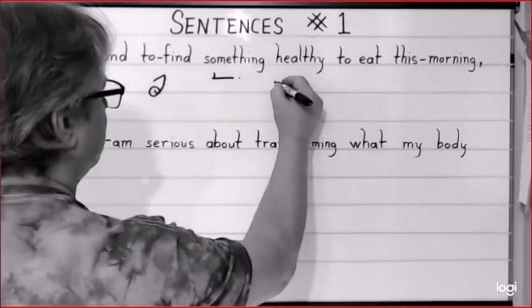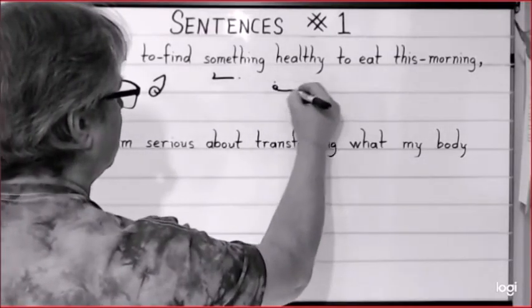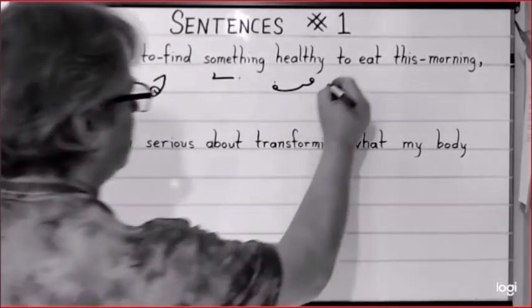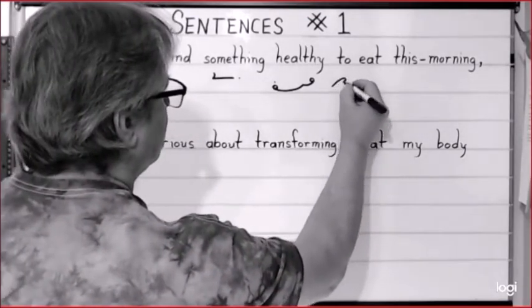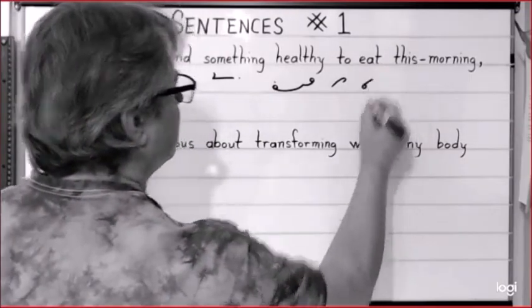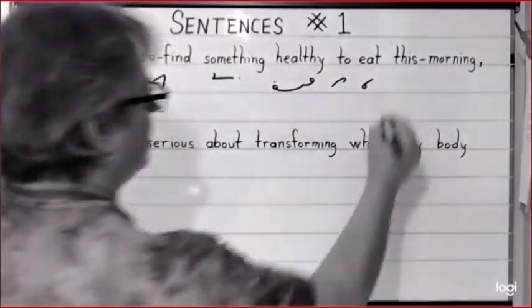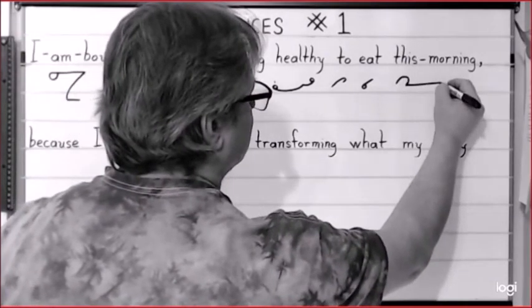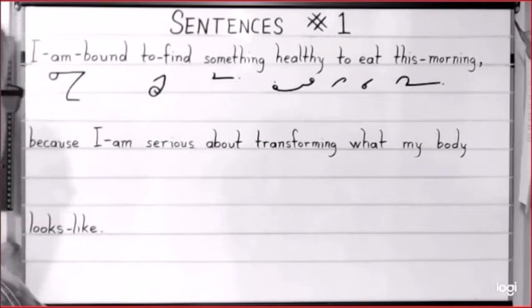Healthy is a dot for the H, E, L, T, H, E. 2 is T, U. Eat, E, T. This morning is the THS blend, the instro, and the dot for the ing.